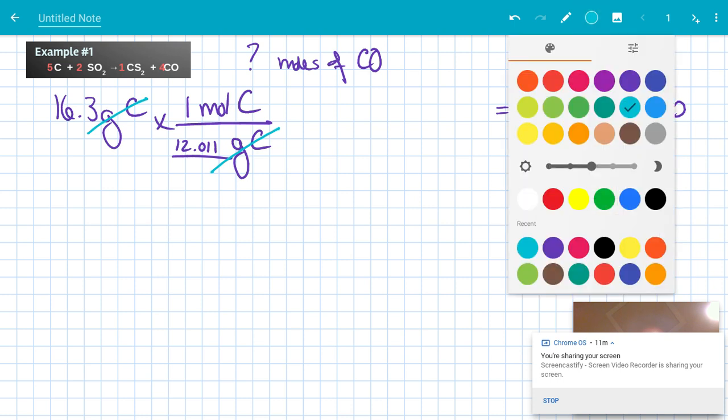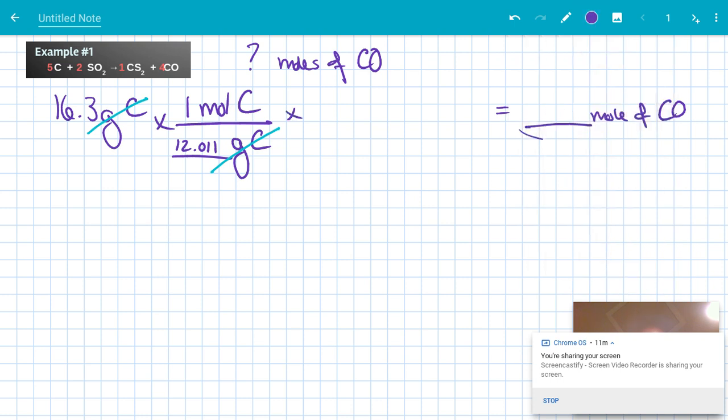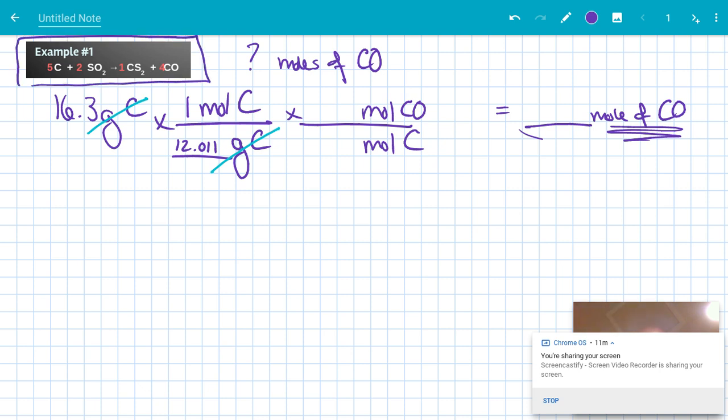And now we're in moles of carbon, and I could get rid of moles of carbon by putting moles of carbon on the bottom, and I want to end up with moles of CO. So here's where I could use my mole to mole ratio from this balanced equation.